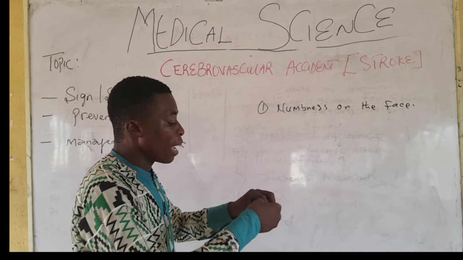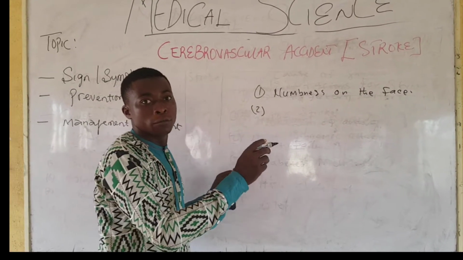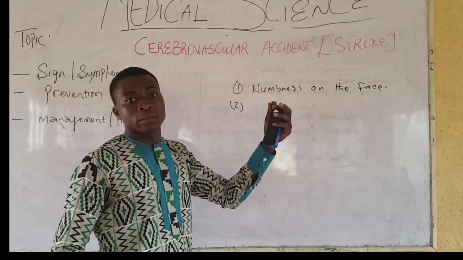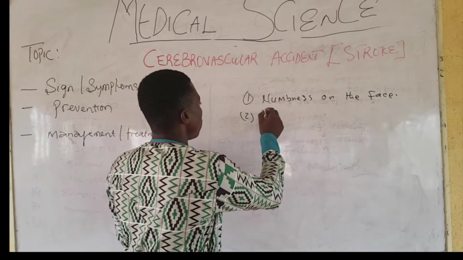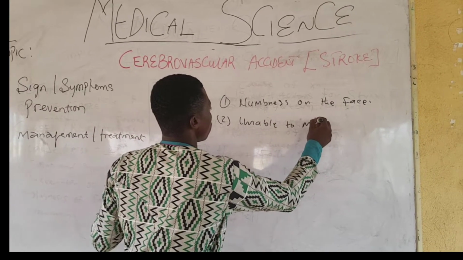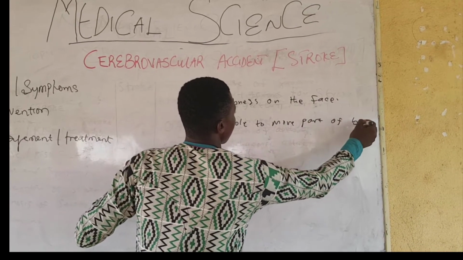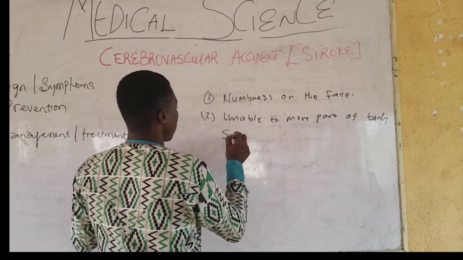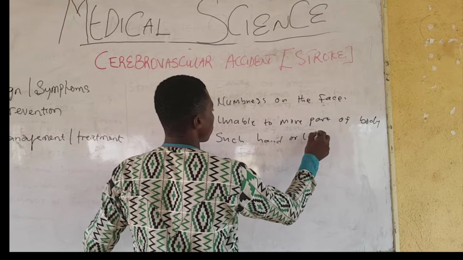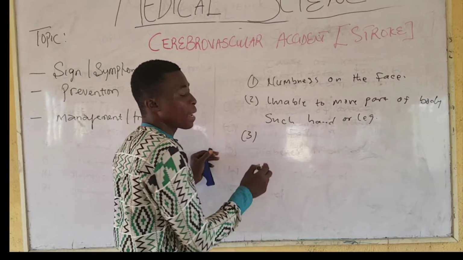Another one we have is inability to move one part of the body, either the hand or the leg. Unable to move a part of the body, such as the hand or leg. And we have what is called paralysis.